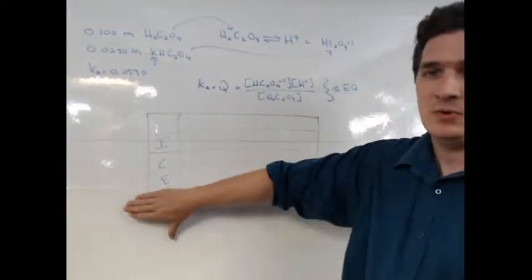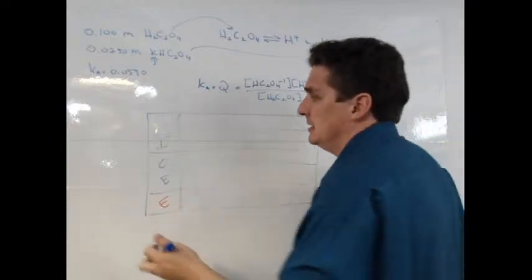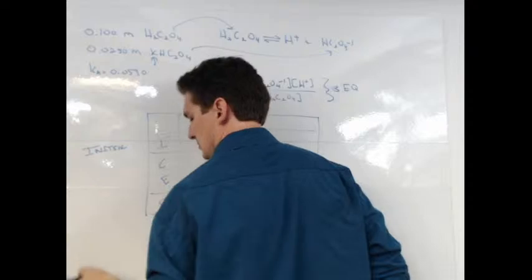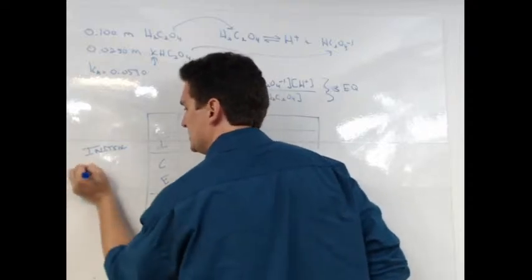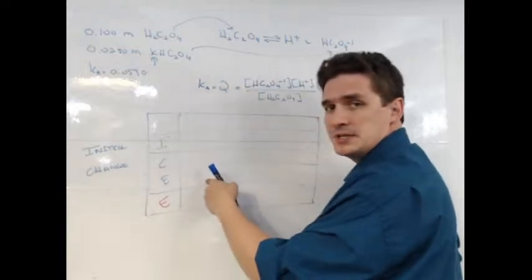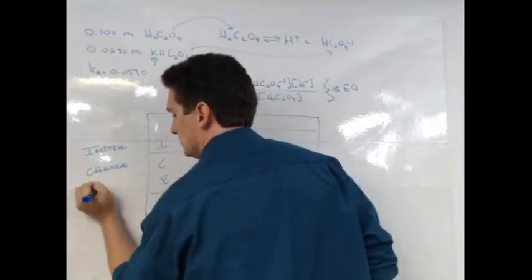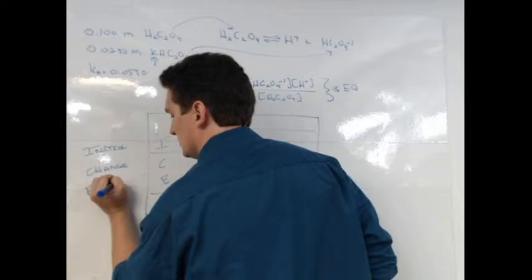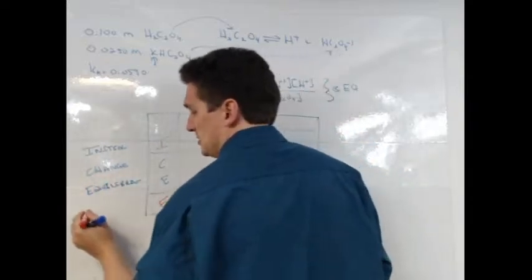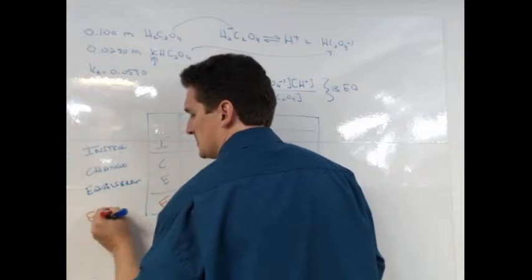Typically with Chem 1, you've only got the 3 rows, I, C, E. I is initial. C is change. E is end, or in this case, equilibrium. And the red E here is also going to be equilibrium, but we're going to talk about why this is a special row.